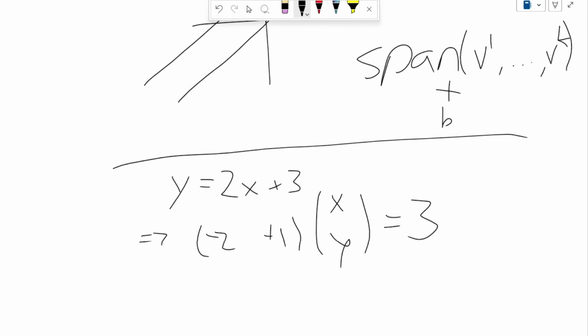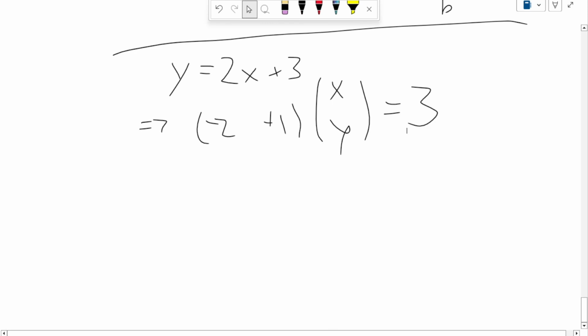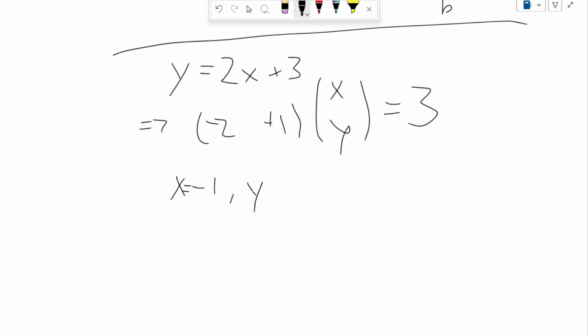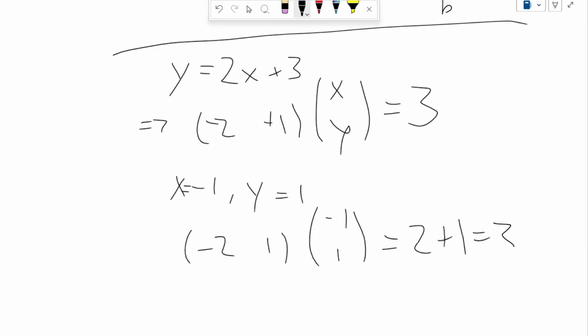So we can ask, what is this space going to be? First we have to find some point that solves this to find our shift. For instance, if we take x to be negative 1, and y to be 1, then we get negative 2 times negative 1 plus 1, which gives 2 plus 1 equals 3. So this is a solution.